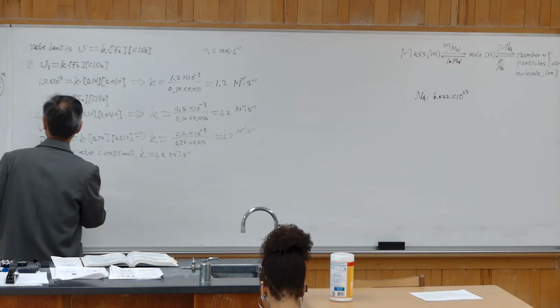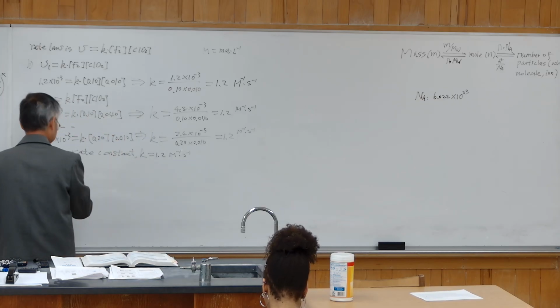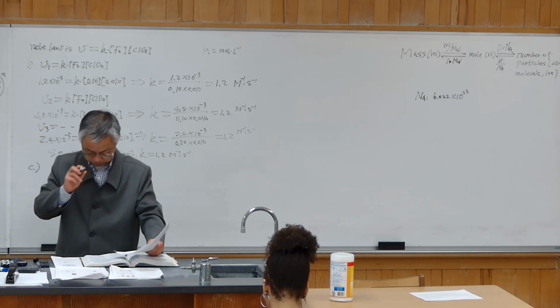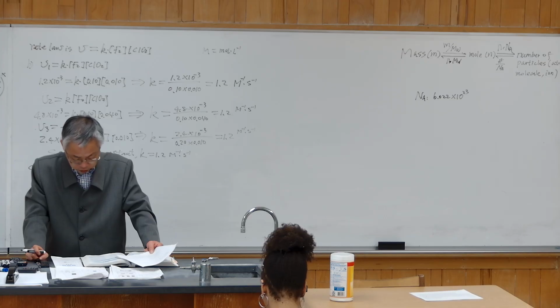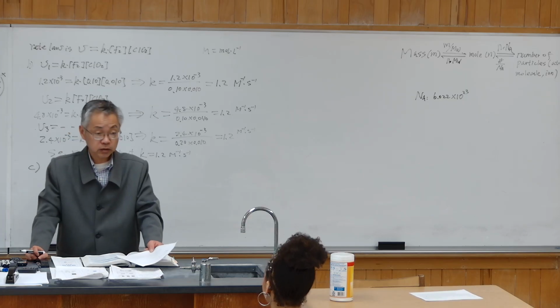This is B. And C: calculate the rate of the reaction at the time when F2 is 0.01 and ClO2 is 0.02.